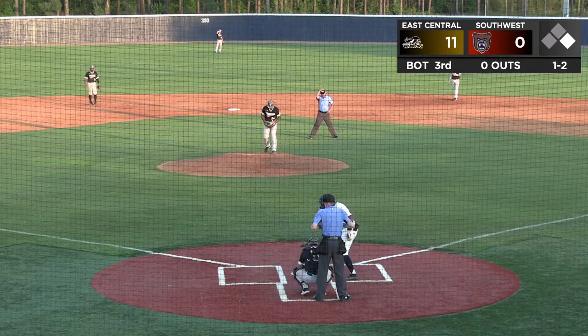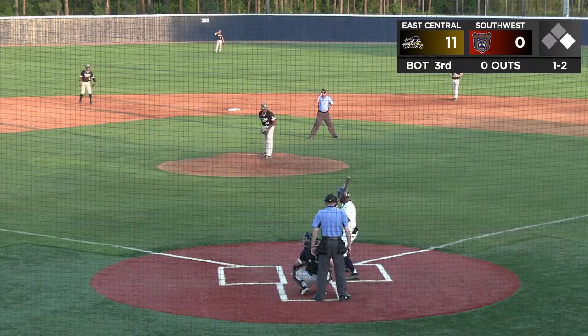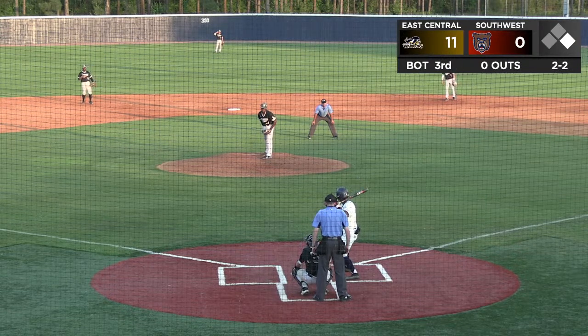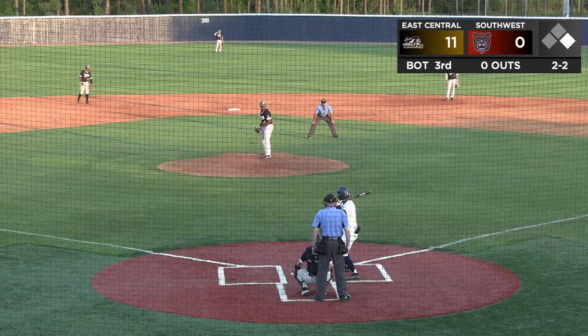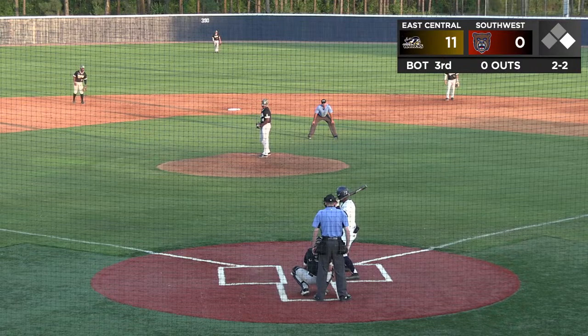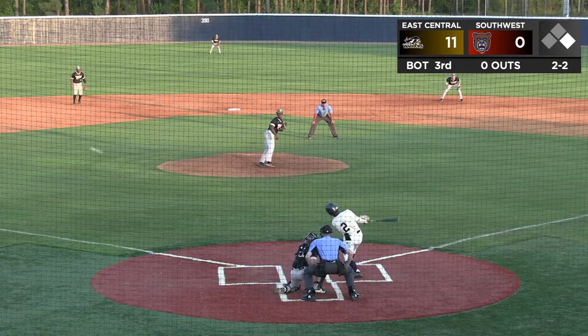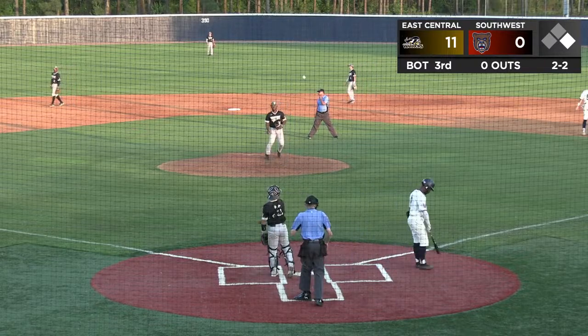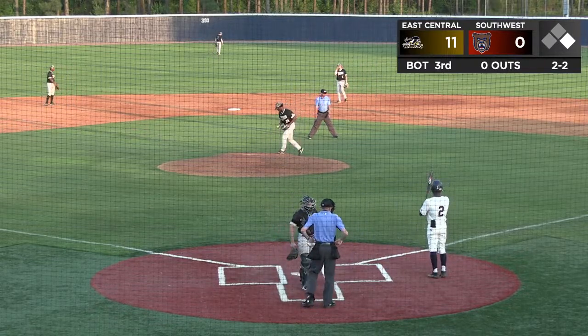So the count even at 2 balls and 2 strikes, and the 2-2 pitch now to Johnny Johnson. The 2-2, that's fouled away. The count will stay at 2 balls and 2 strikes.